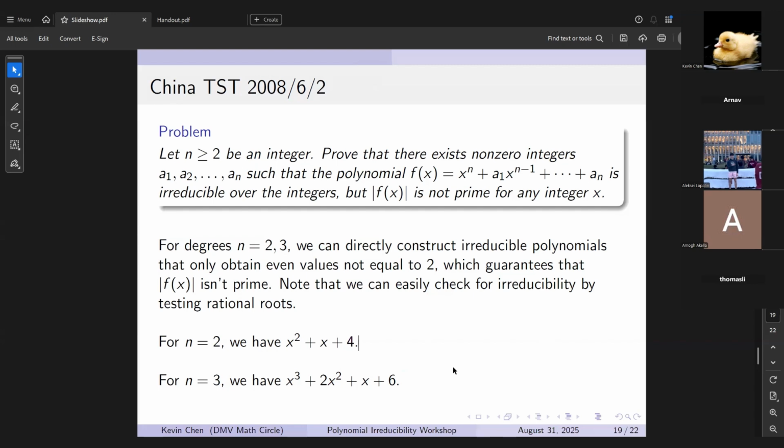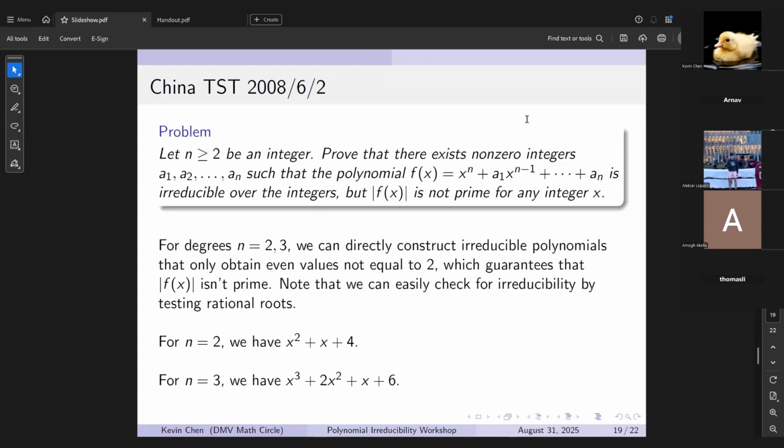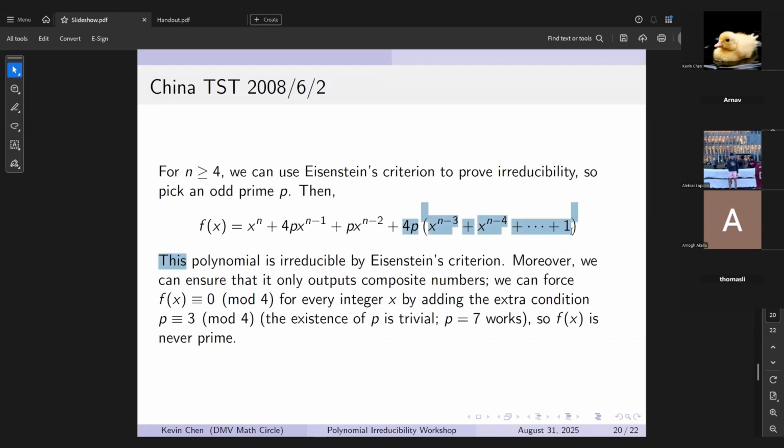Now, where we actually use Eisenstein's criterion is when n is greater than or equal to 4, because in this case, we can create a general polynomial, and note that this polynomial does not work for n equal to 2 or 3, because it depends on this final part. If n was 2 or 3, this final part is constant, so it doesn't work.